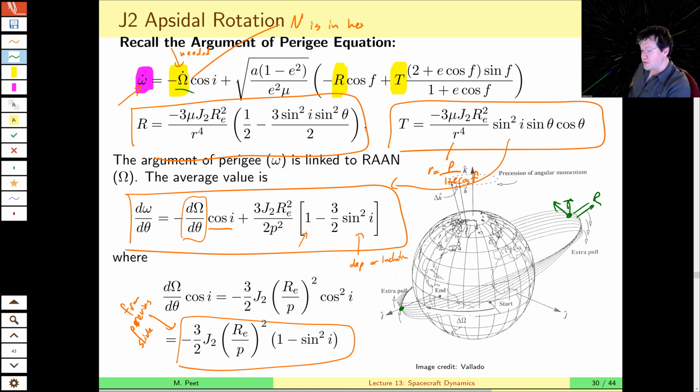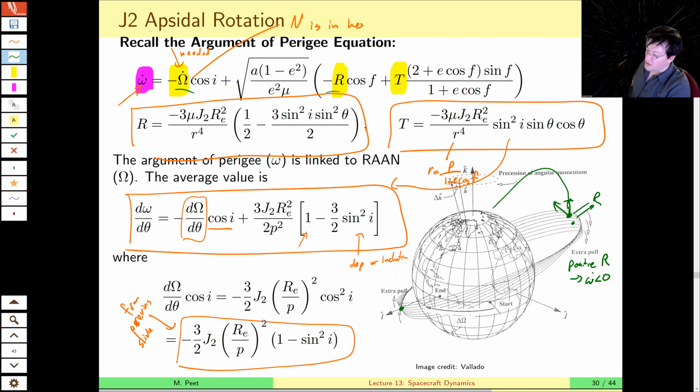And so when you're pushing out, and then when you come back, the next time your periapse is going to be a little bit earlier. So if we look at positive r, positive push in the opposite direction, we see that the effect on omega dot is negative. So positive r implies omega dot less than 0.